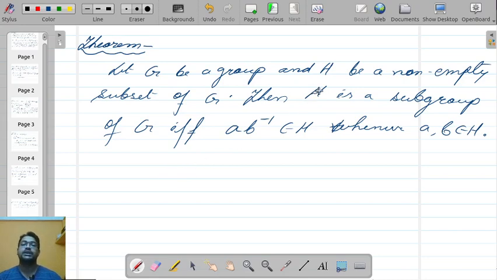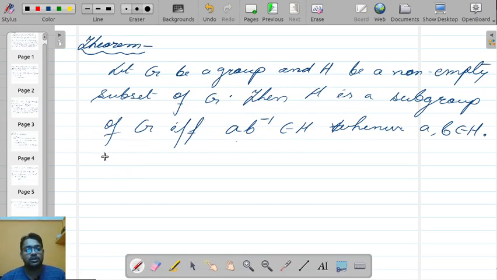One is: suppose that H is a subgroup, then this condition will be satisfied. The other part is: suppose that this condition is satisfied, then we have to show that H is a subgroup.